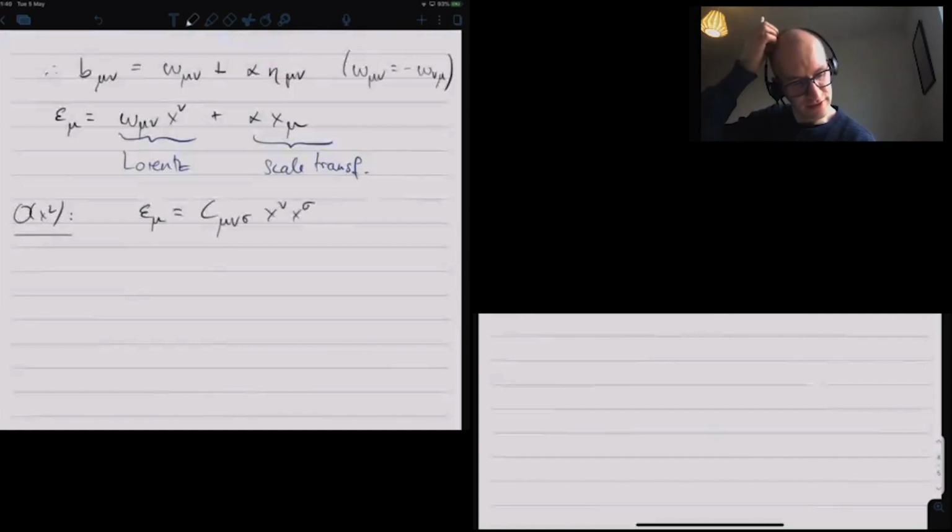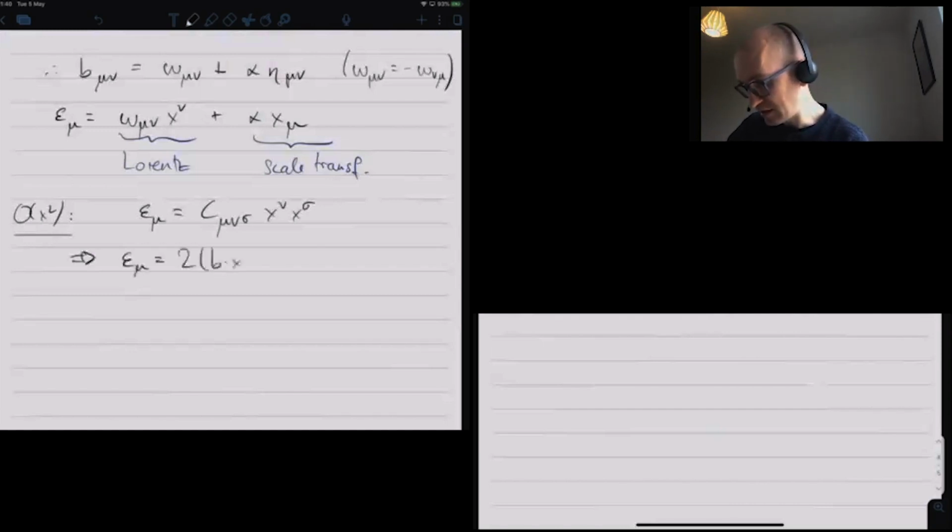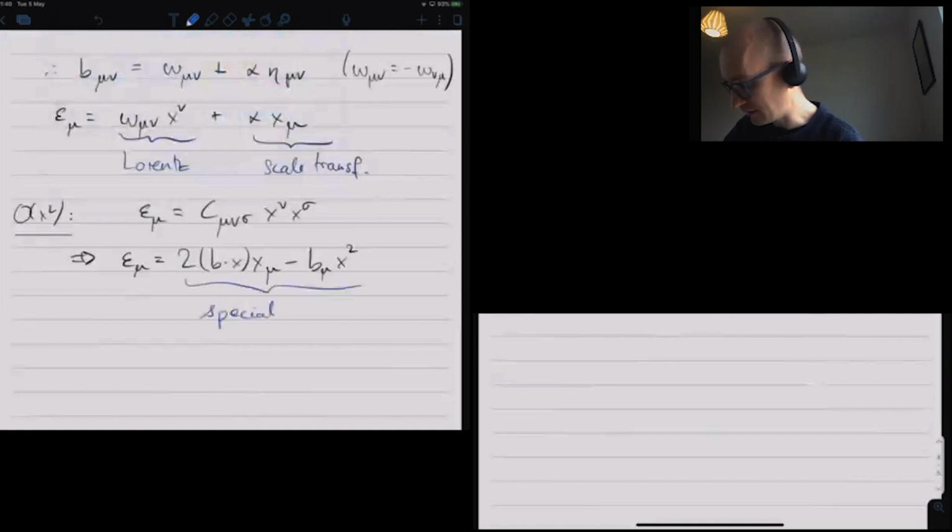And the conformal Killing equation gives us a constraint, which one can boil down to epsilon mu equal to 2 b dot x, so the b with one index, times x mu minus b mu x squared. And this thing here is what one calls a special conformal transformation. We will illustrate this in a second.